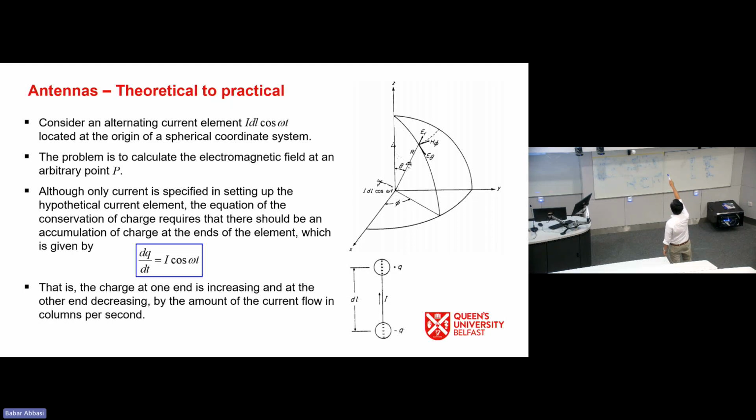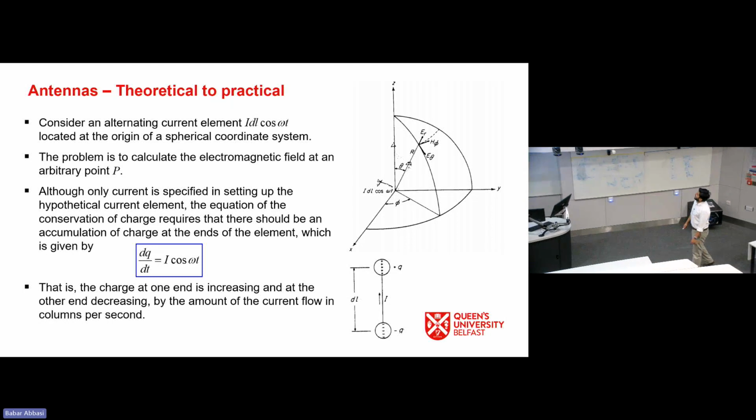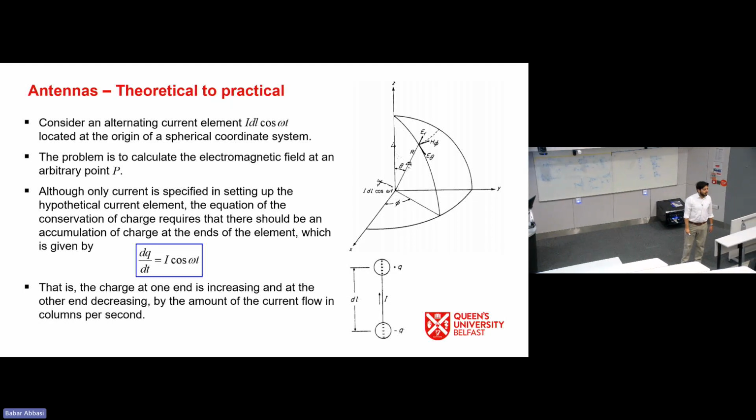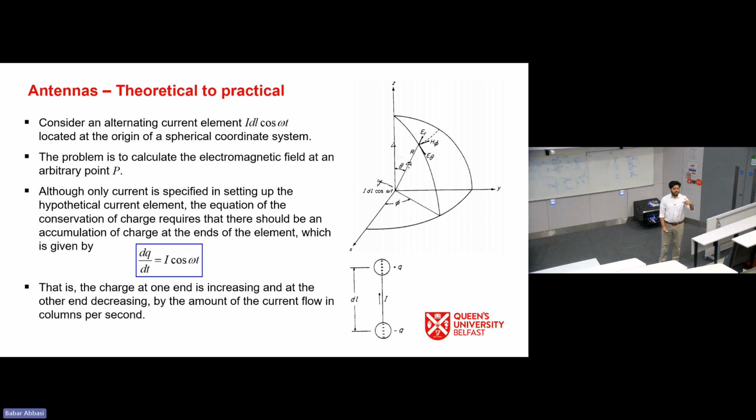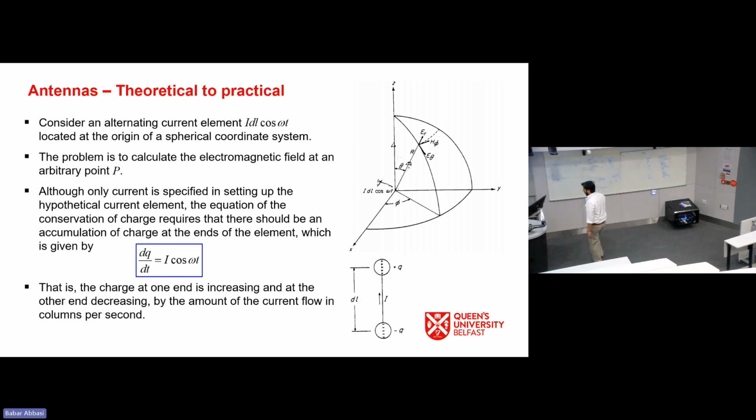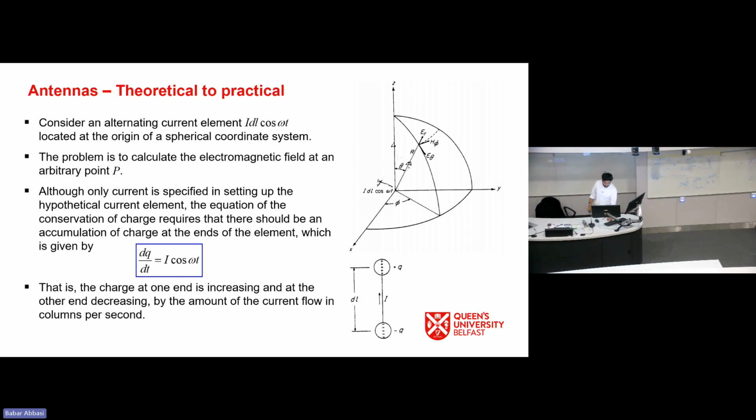And at this point, at a distance r, we have H phi and E theta, and H phi and E theta are perpendicular to each other, and their cross product will produce the Poynting vector that is going in the perpendicular direction, that is E r. Okay, so this is a simple representation of a fictitious dipole antenna.